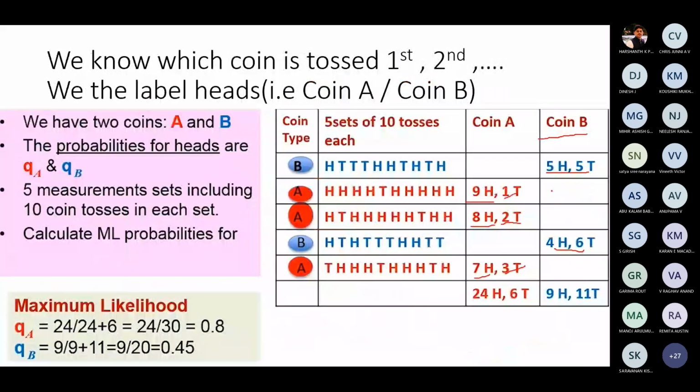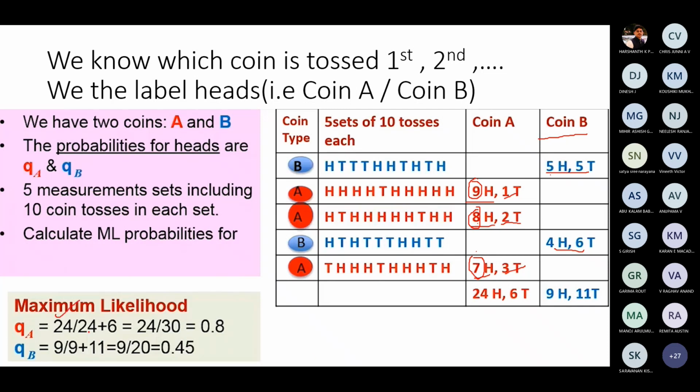So now if we see the number of heads for coin A: 9 plus 8 plus 7, which is 24.